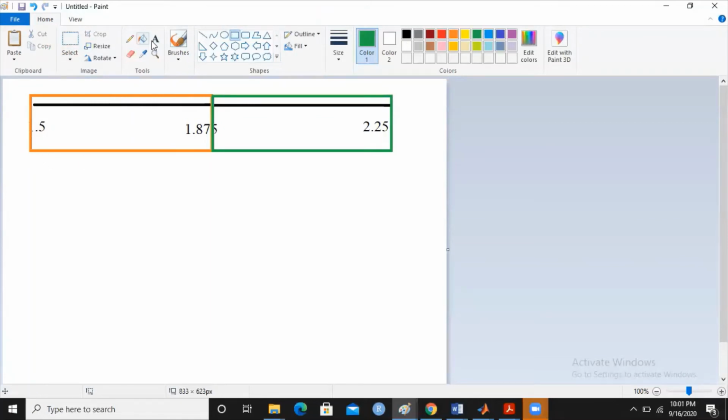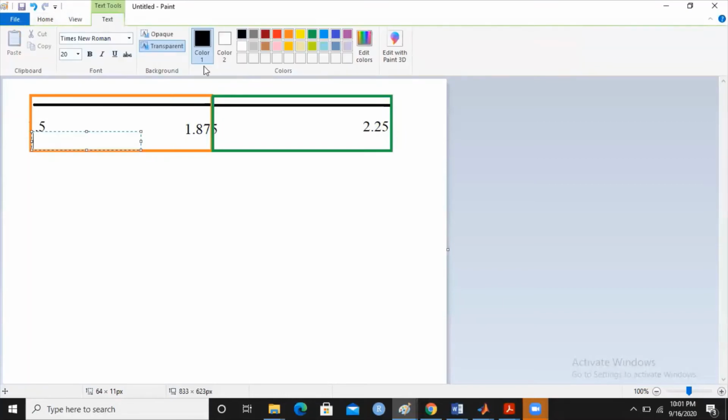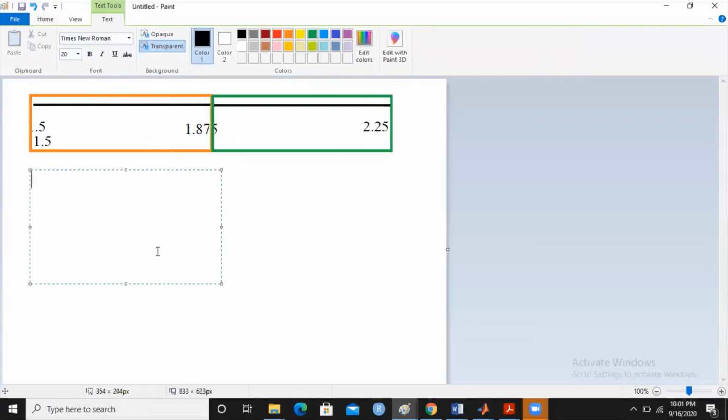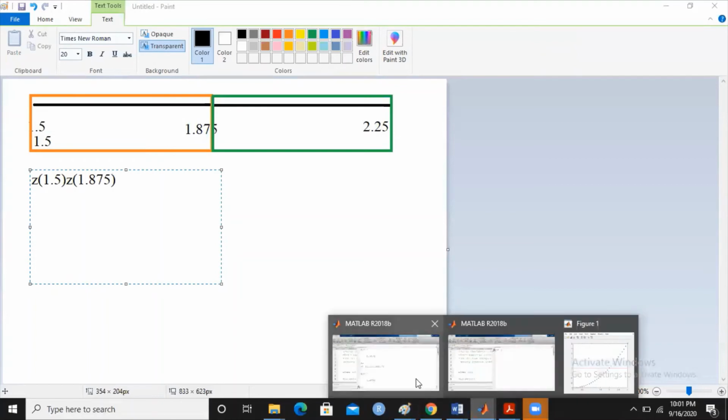So here I have got 1.5. Now I'm going to check z of 1.5 times z of 1.875. If it is less than 0 or greater than 0, let us check it.